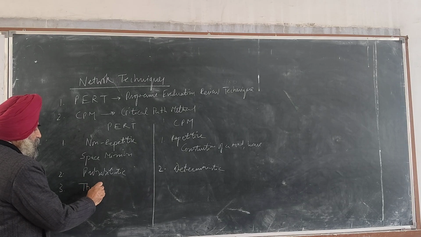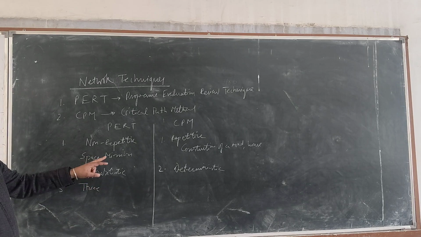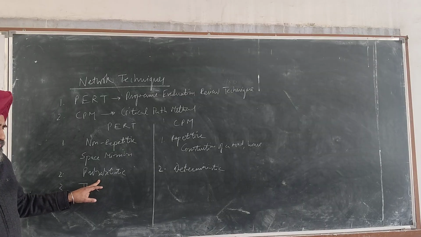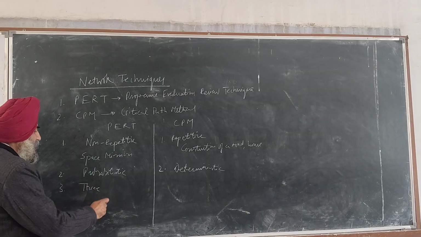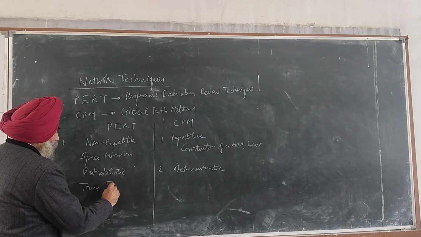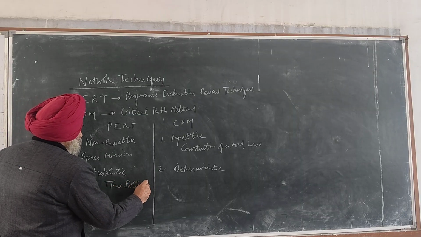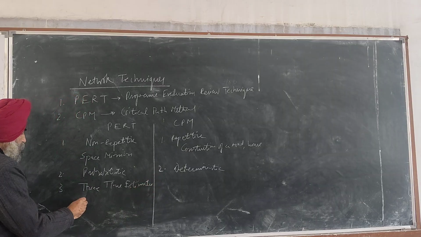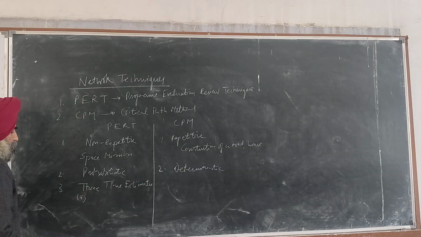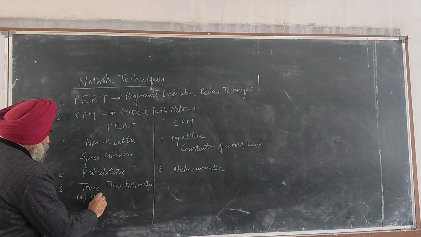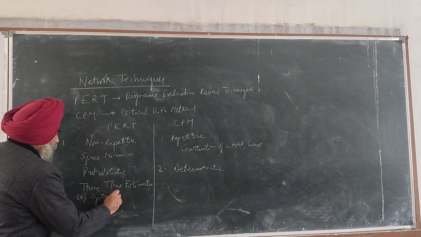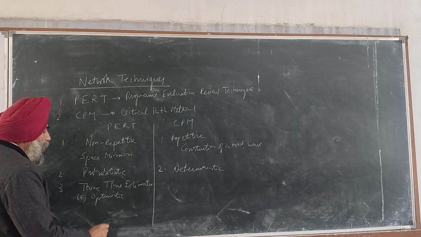Another point of difference: there are three time estimates. Since it is non-repetitive as well as probabilistic in nature, meaning we don't know the exact time, there are three time estimates. And what are they? I'm going to discuss in detail. The first is the optimistic time.